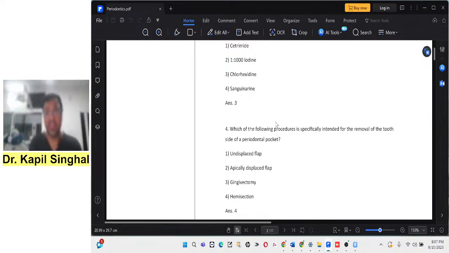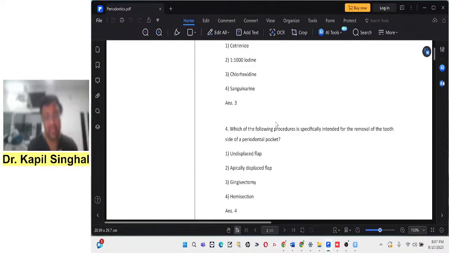The next question: which of the following procedures is specifically intended for the removal of the tooth side of the periodontal pocket? So what is he asking in the question: in which of these procedures are we removing something from the tooth side, not the pocket wall. If you are removing something from the tooth side, it means we are removing a tooth.